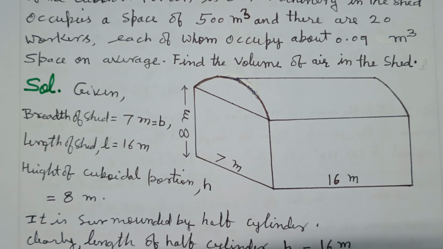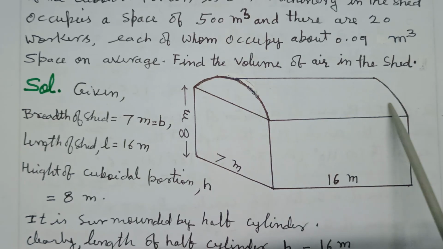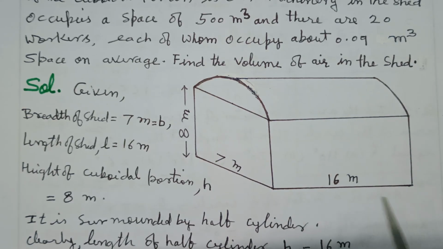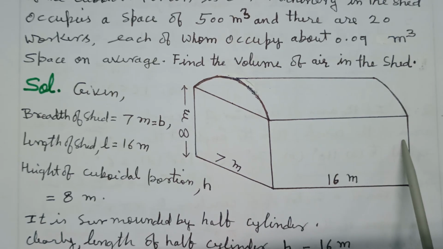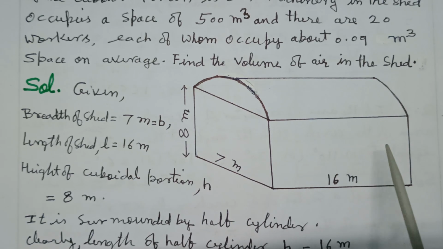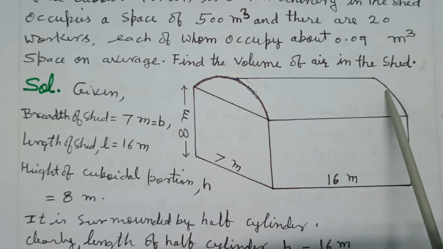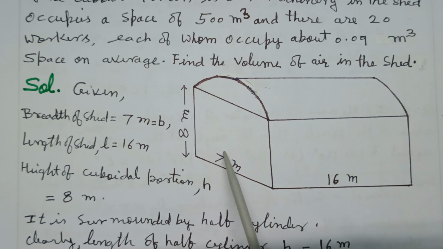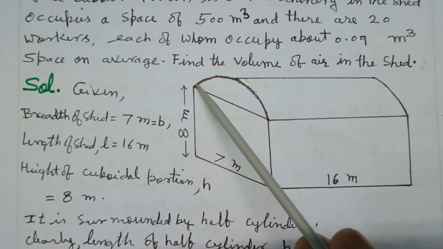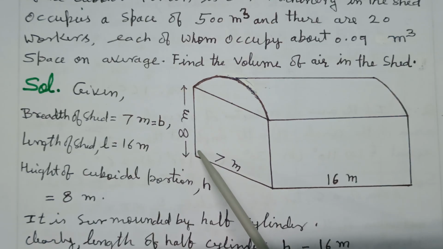So, Meena runs the industry in such a shed, and this shed is in the form of a cuboid surmounted by a half cylinder. Base of the shed is 7 meter by 16 meter, and the height of the cuboidal portion is 8 meter.